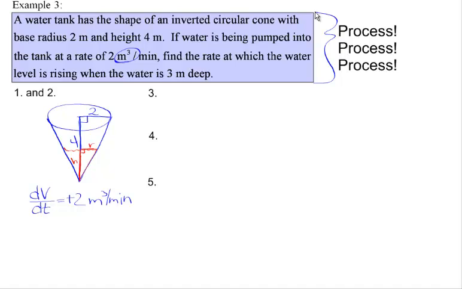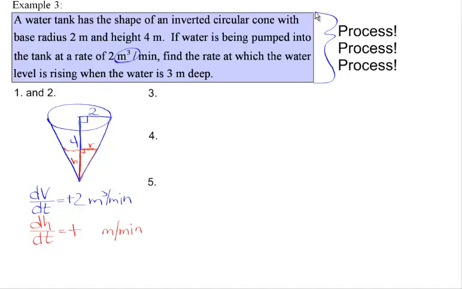This tells me that the rate at which the water level is rising, I am going to call dh/dt. If the water level is rising, h is increasing, so dh/dt better be a positive value, and the units on that would be meters per minute.